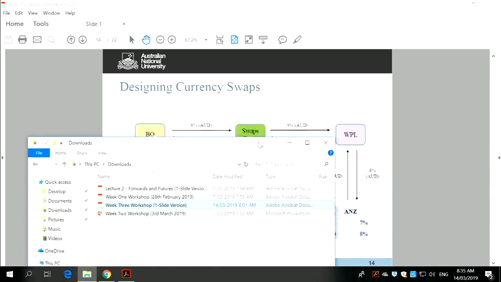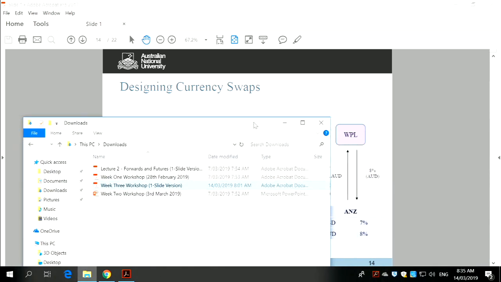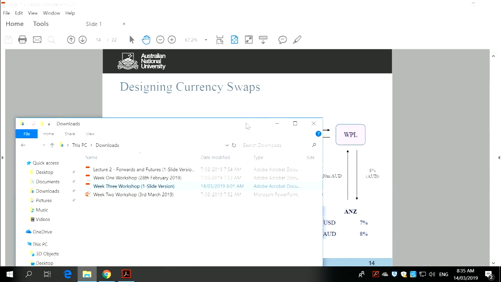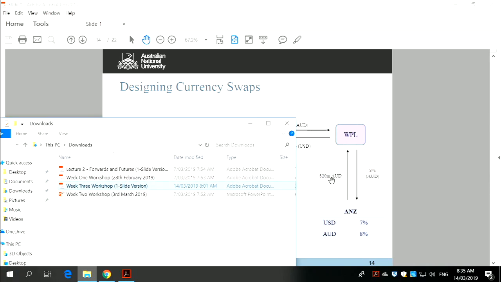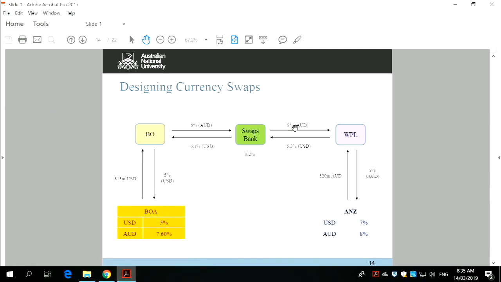Now we understand what Woodside Petroleum really wants is a US dollar loan. But because Woodside Petroleum has an advantage in the Aussie dollar rate, for the time being Woodside Petroleum is going to take out a 20 million Aussie dollar loan and pay ANZ 8% Aussie dollar rate. Okay? So basically, Woodside Petroleum received 8% from Boeing and pays back ANZ 8%.